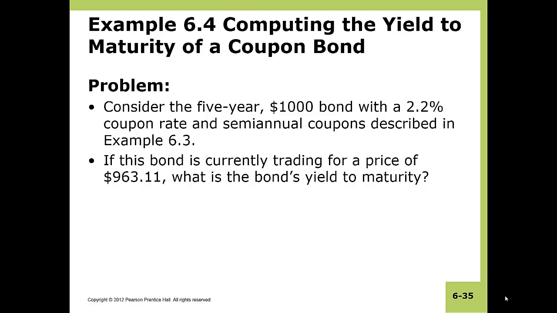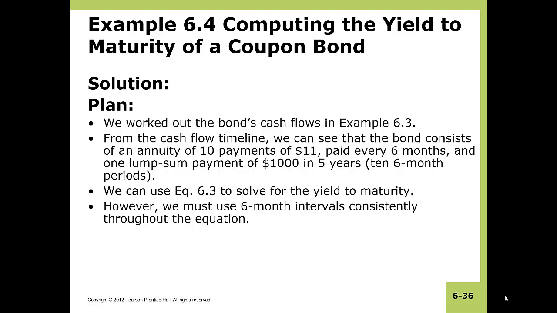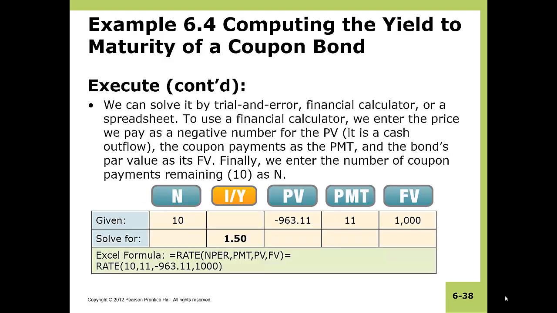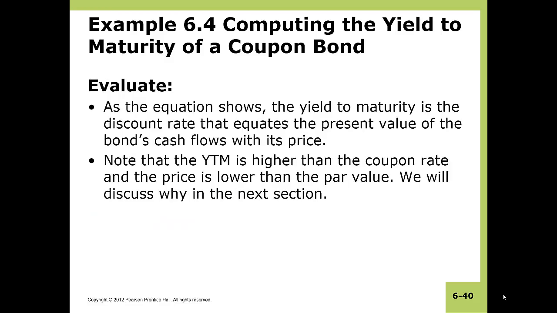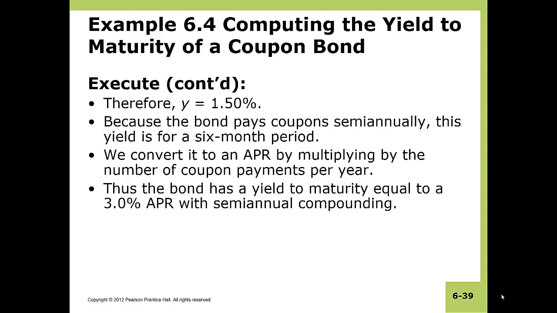If you put all that in and solve for I, you should get, on a good day, 3%. So 3% is the annual rate, 1.5% every 6 months. With 2 payments per year in your calculator, you should get 3%, and hopefully you got that.